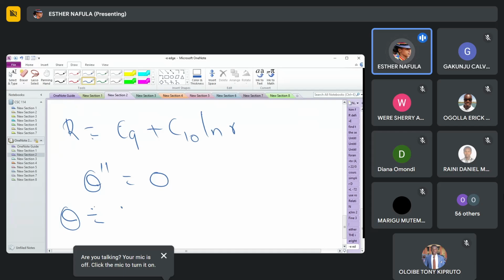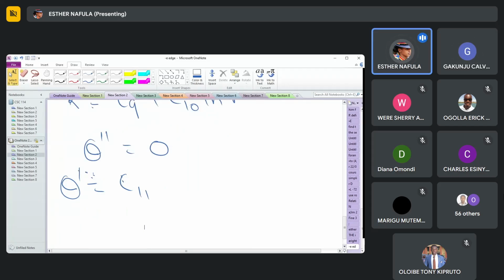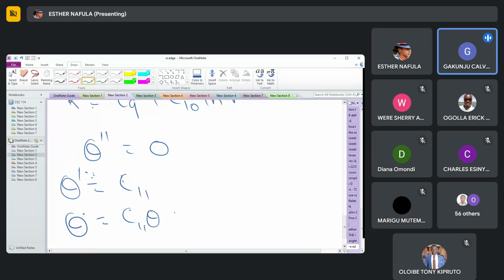Okay, let's do this step by step. If the second derivative is equal to 0, what is the nature of the first derivative? C11 constant. So we use C11 in this case, right? Yes. So what will be theta? C11 theta plus C12.